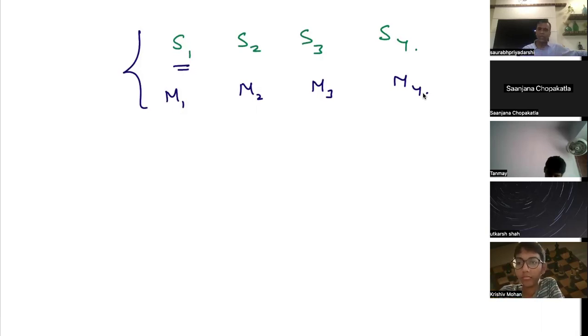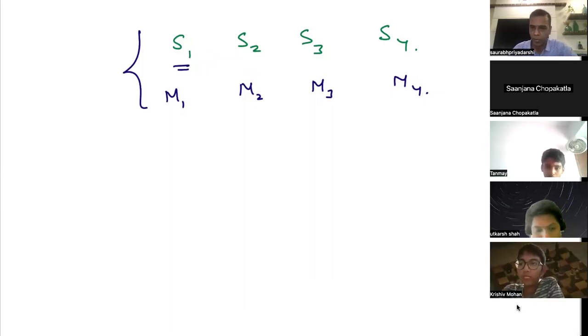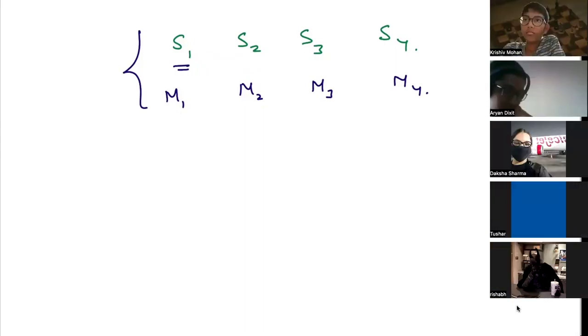This is called increasing, decreasing order. I hope everyone is getting this. Write down, fast, fast, fast. Very good, sir. Very good.